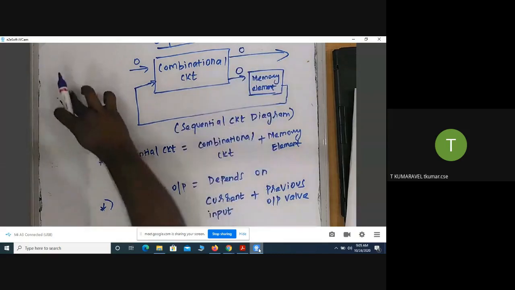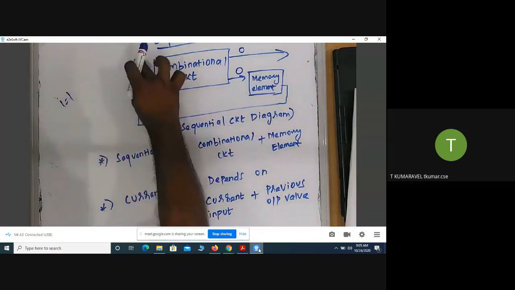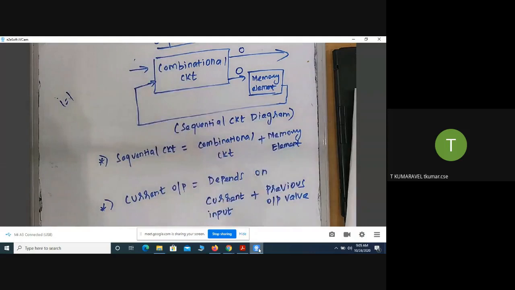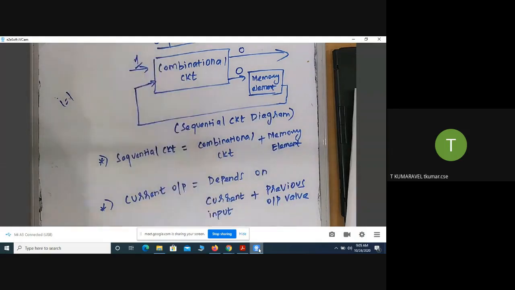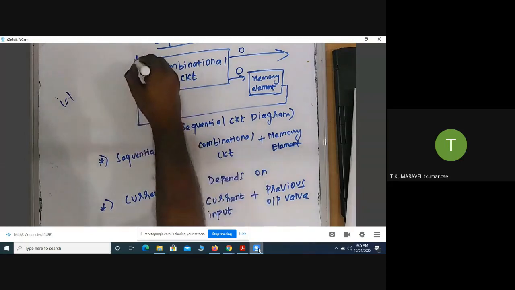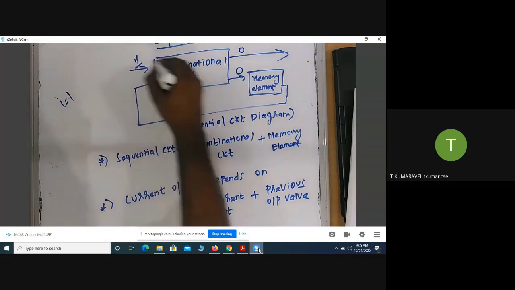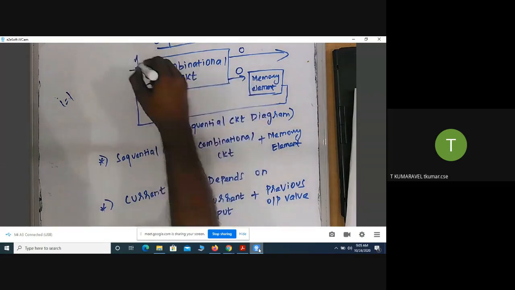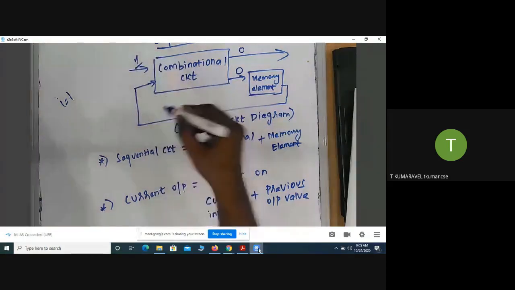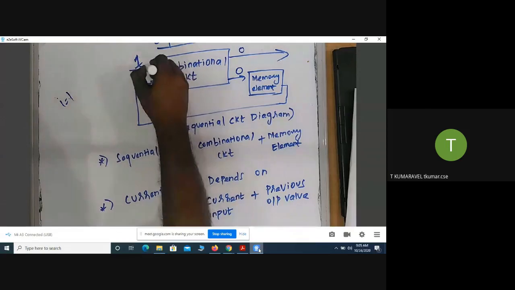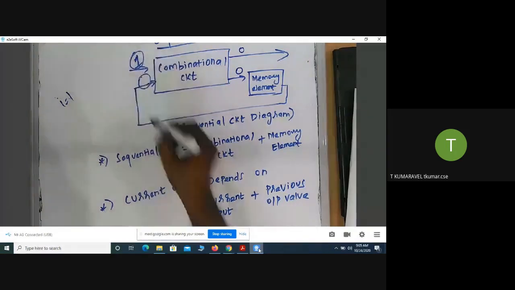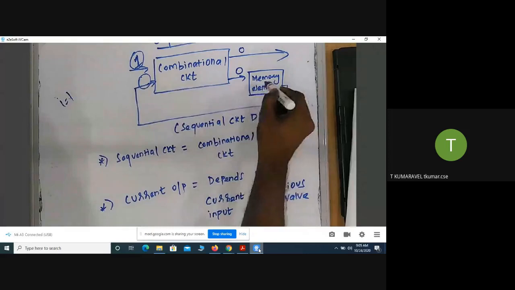Suppose at the next instant, i equal to 1, I'm passing a certain input, for example, input 1. Whenever I provide the next input, here two inputs are there: this is a 1, and this is a 1 here. So what information is available here?